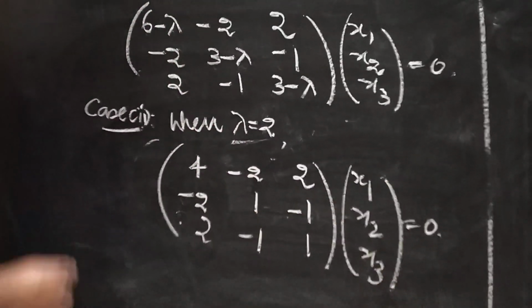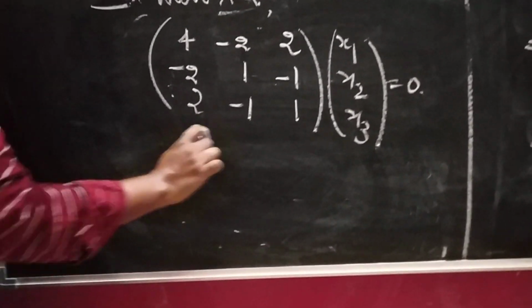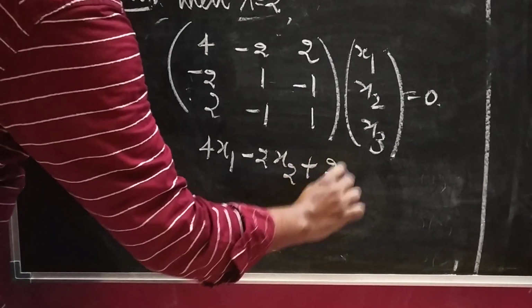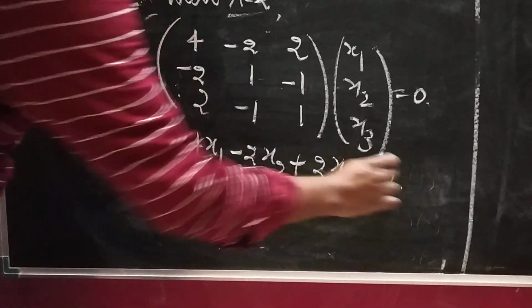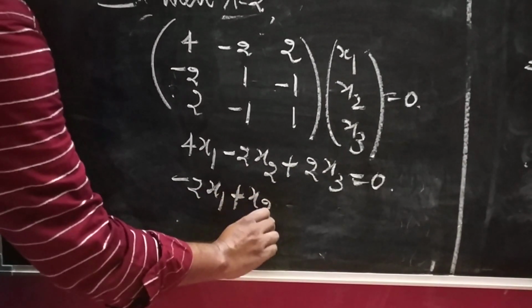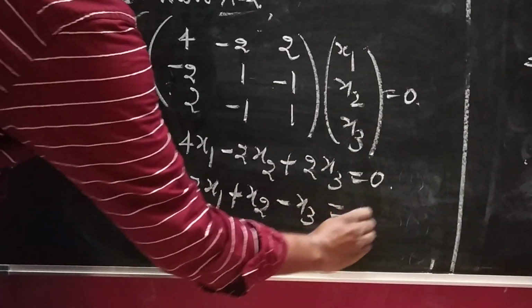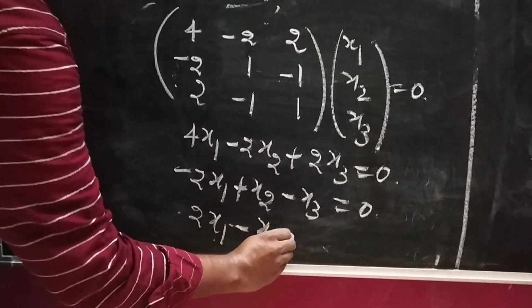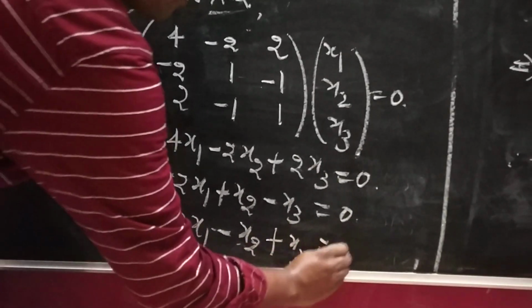So just multiply. We get 4x1 minus 2x2 plus 2x3 equal to 0. Second equation, minus 2x1 plus x2 minus x3 equal to 0. Third equation, 2x1 minus x2 plus x3 equal to 0.